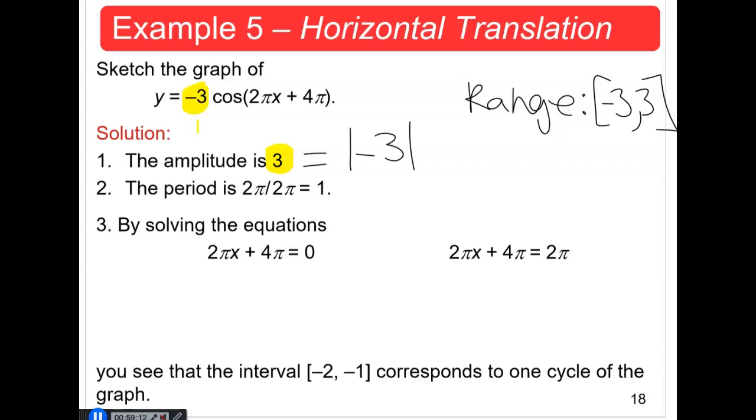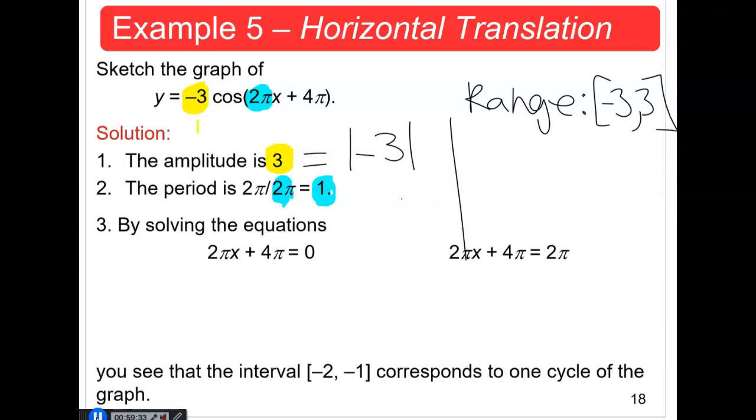Now let's go ahead and figure out the period. The constant that is here next to the x is 2 pi. So that's why we're taking the original 2 pi and dividing it by 2 pi. So that is going to give us a 1. That would be the period. It is kind of weird, I know, but it's like we're going to be graphing something.